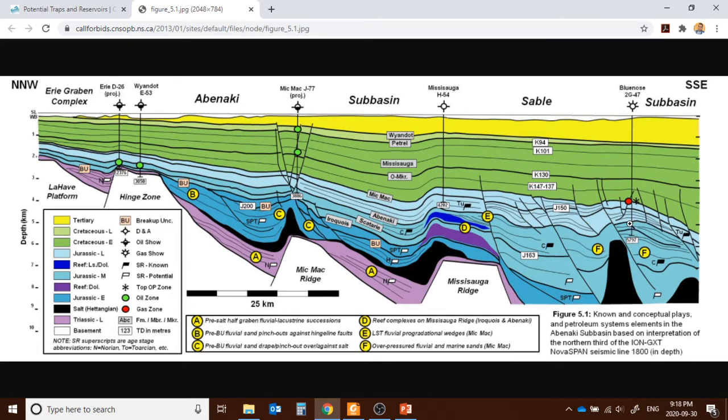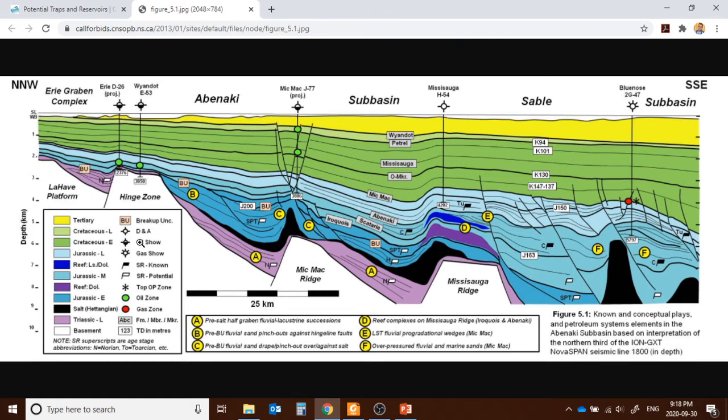So that is exactly how we determine how this works, and how we knew there is a potential zone, because there is a seepage of gas here, and oil actually showed up here.